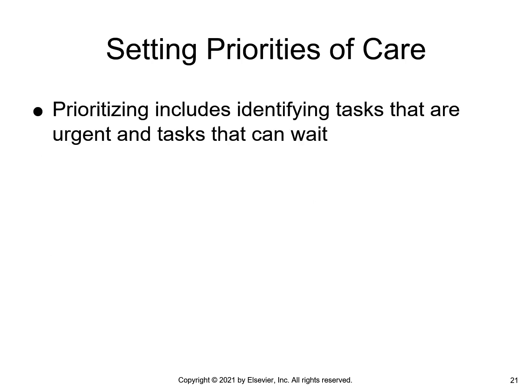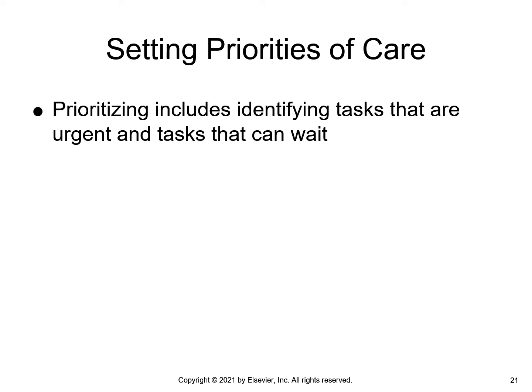So setting priorities of care. When we're determining what our priorities of care are as nurses, we use ABC first, which is airway, breathing, circulation. We then go into safety, and we use Maslow's hierarchy. So we need to make sure that we have met the physiologic needs first.